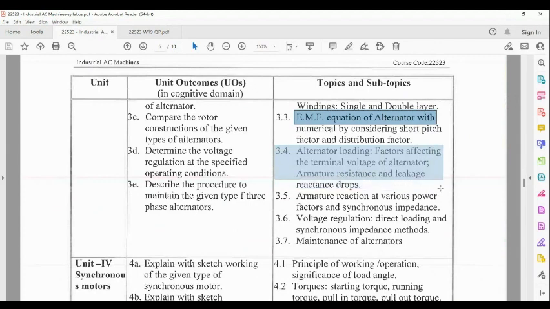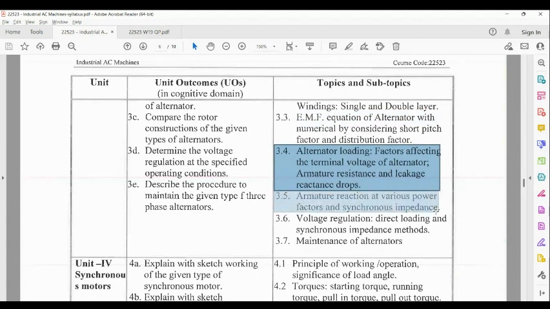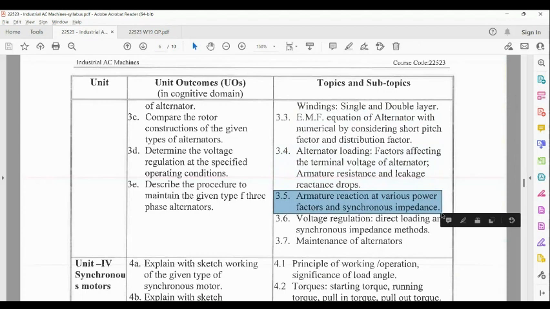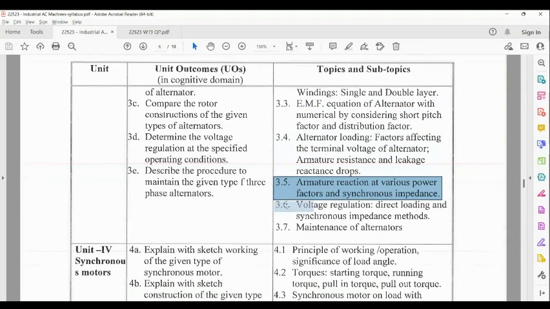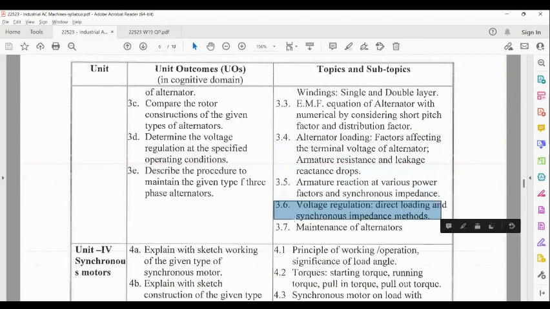After that, this is the most important point, that is alternator loading, factors affecting the terminal voltage, and after that leakage reactance. Okay, then the next important point is armature reaction at various power factors. So this is the most important question or most important point. Then after that voltage regulation by synchronous impedance method and the maintenance of alternator.